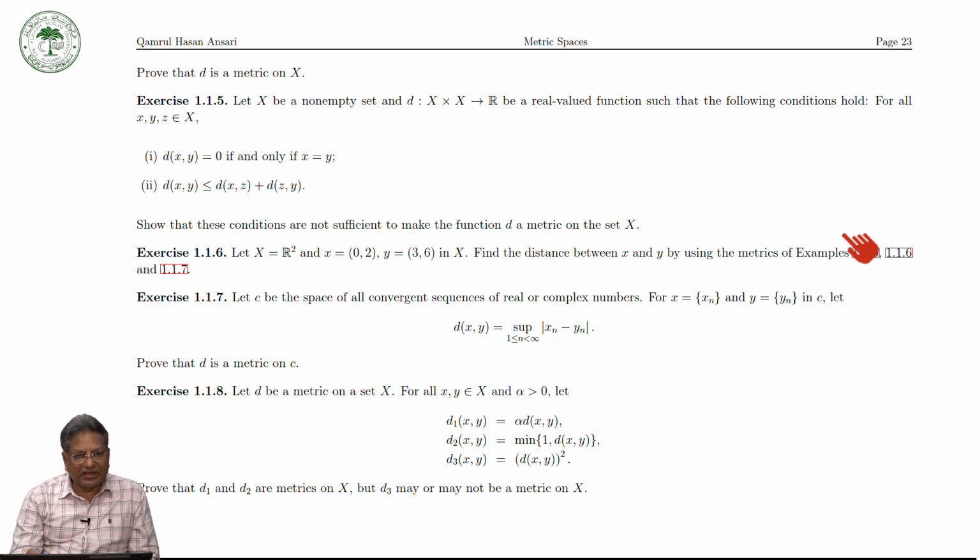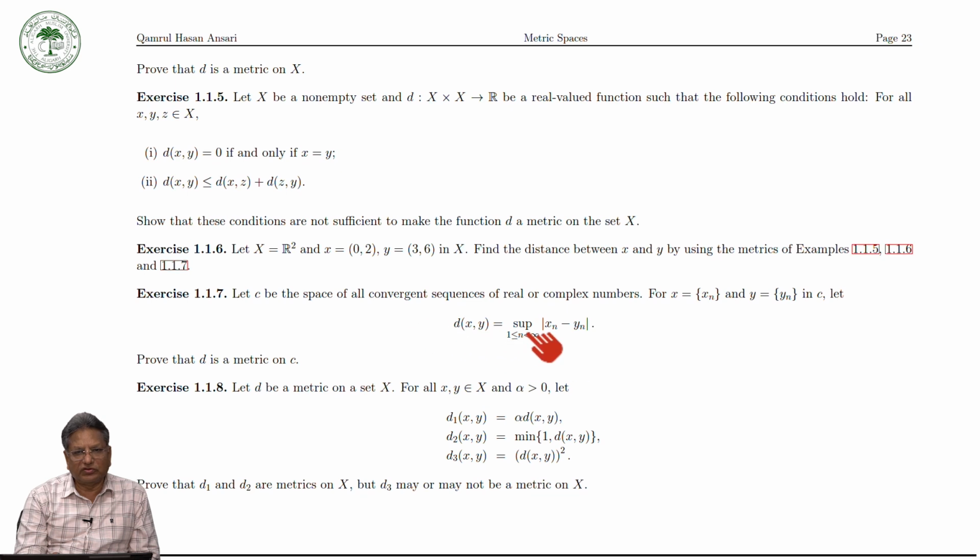In the same way, small c denotes the space of all convergent sequences, and the metric is defined on c in this way, where x and y are sequences, and you can see that this D is a metric, and you can prove it very easily.